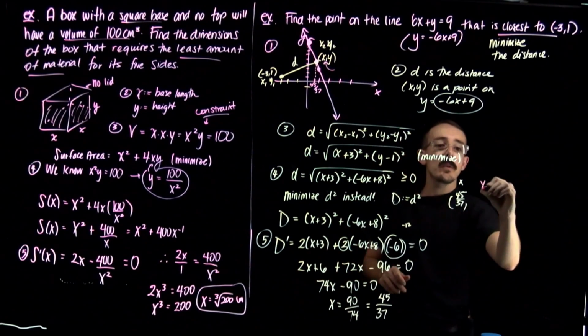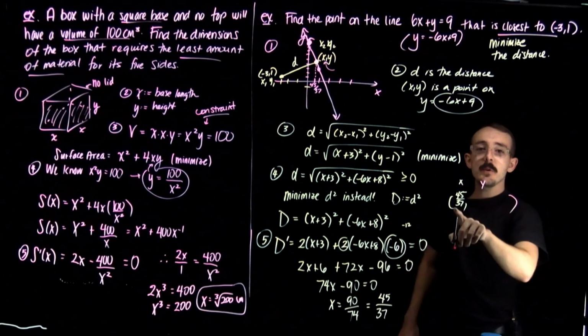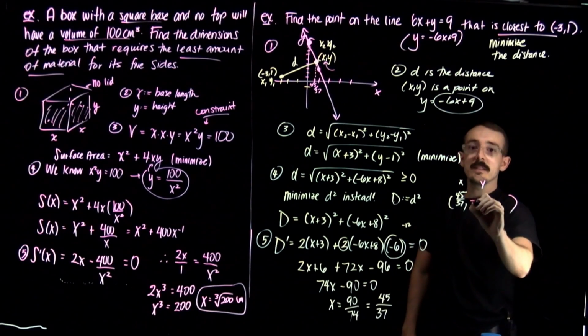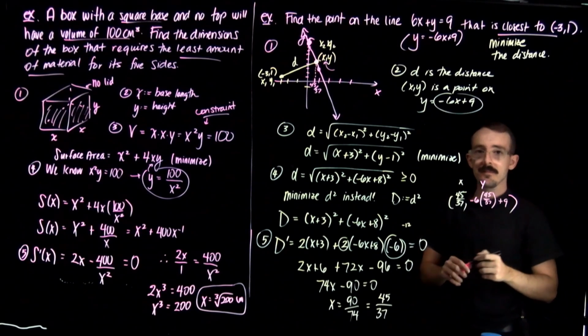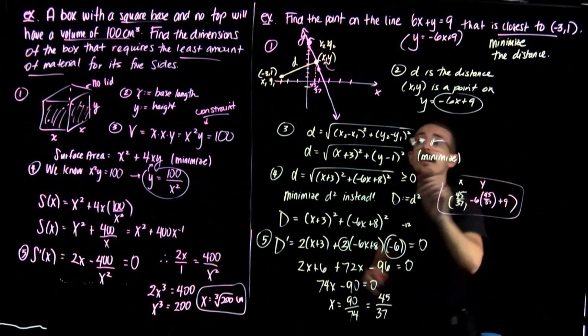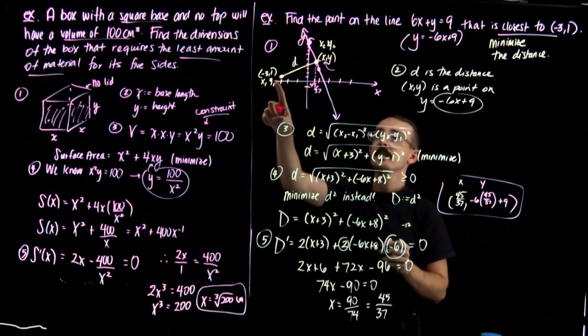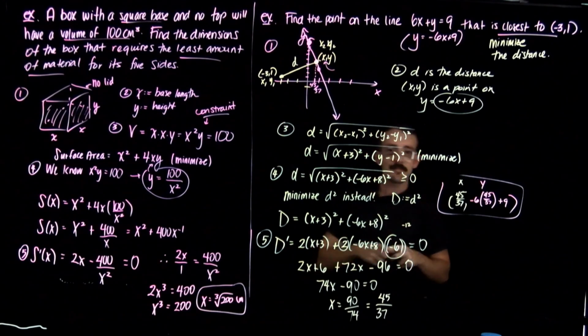To find the y-coordinate, all you do is plug the x-coordinate into the original. So that would be -6 times 45 over 37 plus 9. So this is the point that's on that line, that's this straight distance to (-3, 1).